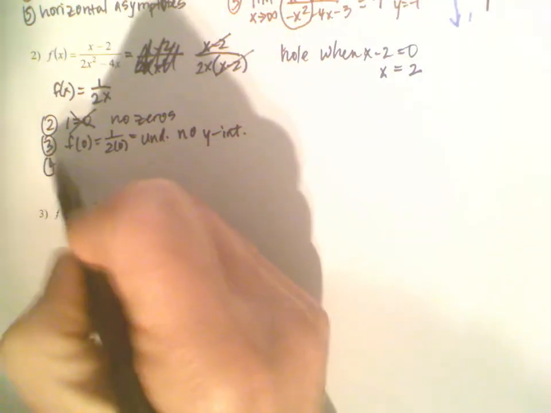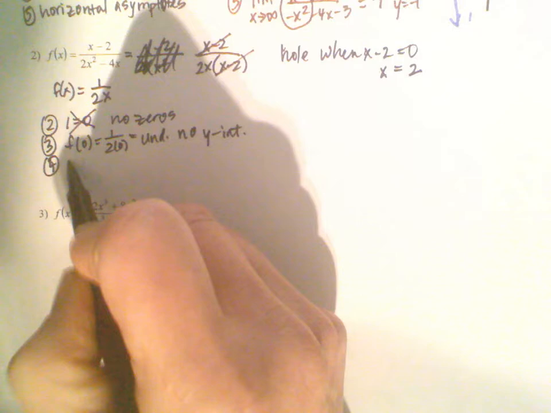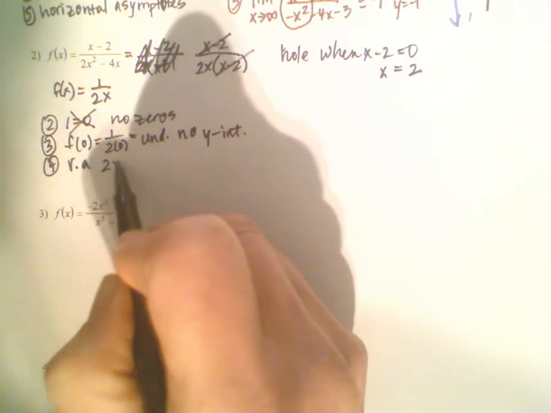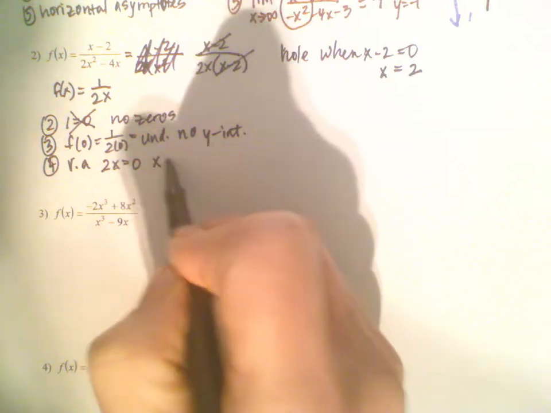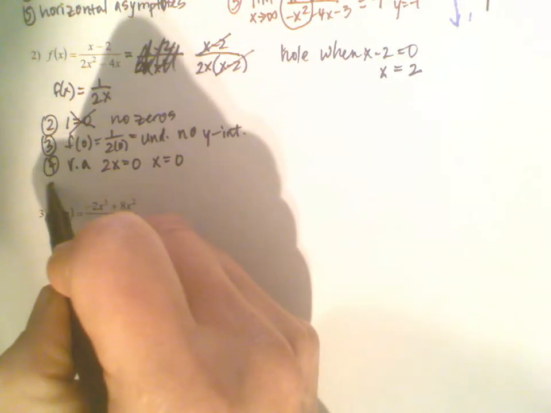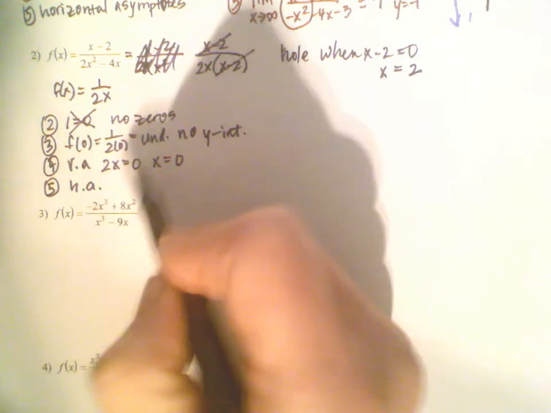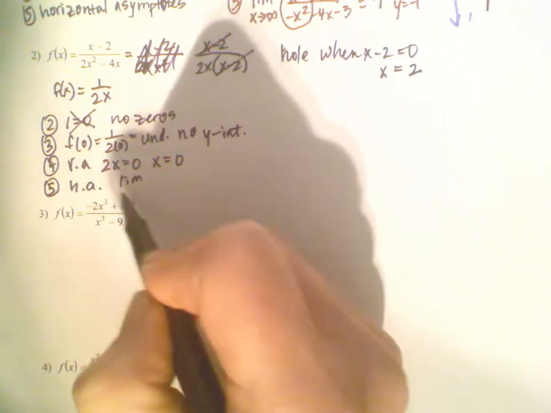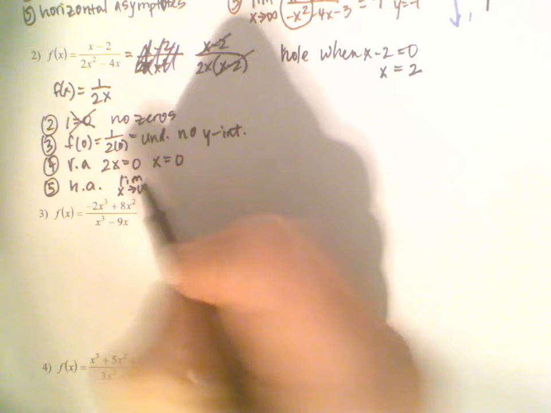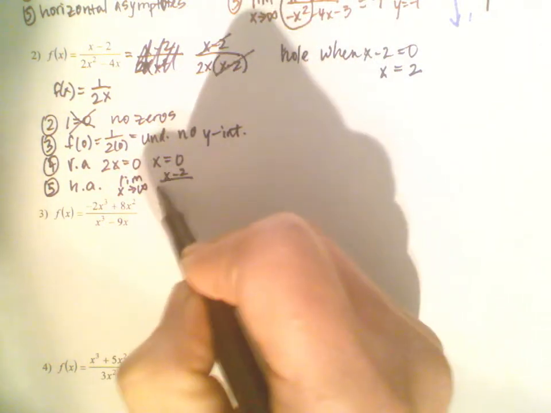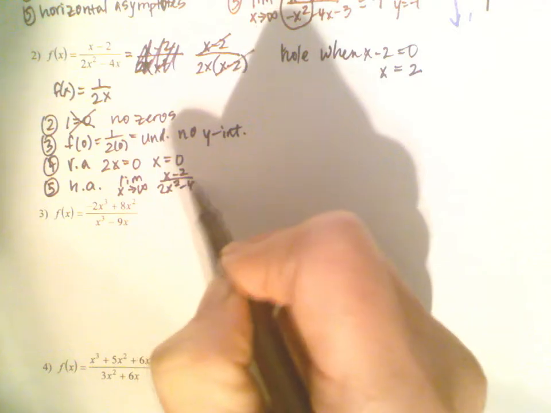So then my next move is to find my vertical asymptote. That's when the denominator equals 0. So I'll set 2x equal to 0. That's when x is 0. And then I'll find my end behavior, my horizontal asymptote, and that is the limit as x approaches infinity of x minus 2 over 2x squared minus 4x.